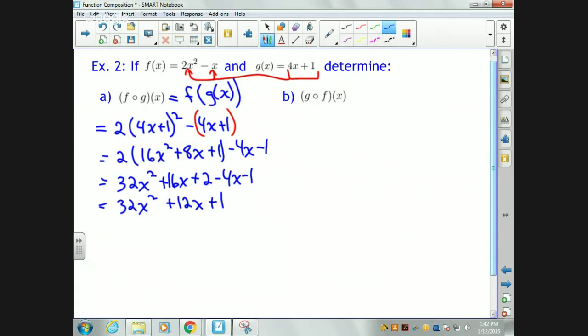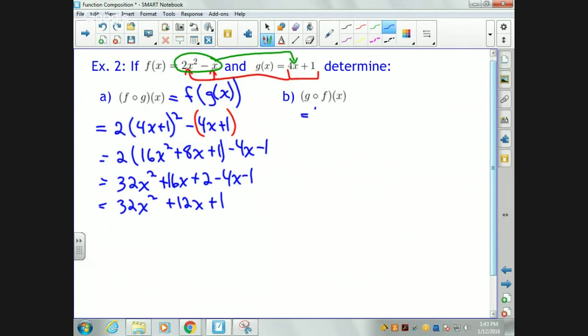Let's go the other way, and let's try g composed with f at x. So that means we're going to substitute the function f into all of the x values in g. So for this one, everywhere we see an x in our function g, we're going to substitute that value in right there.